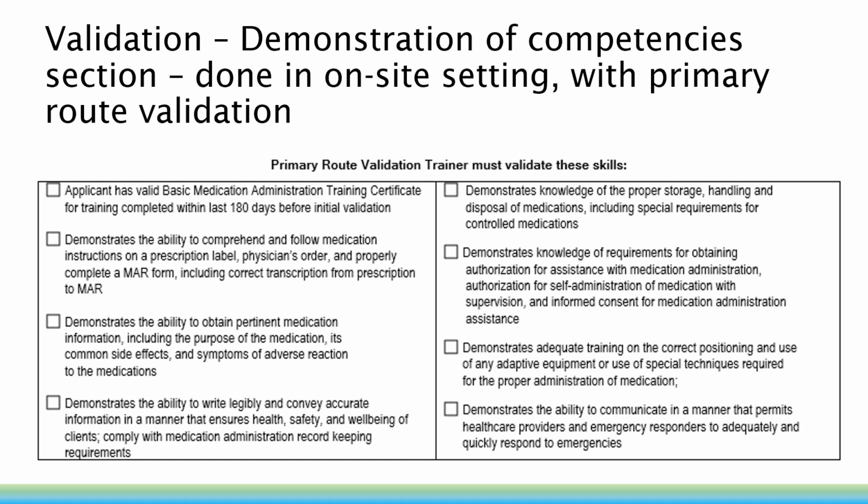Demonstrates the ability to comprehend and follow medicine instructions on a prescription label and a physician's order, and properly complete the MAR form, including transcription of prescription to MAR. Demonstrate the ability to obtain pertinent medicine information, including the purpose of the medicine, its common side effects, and symptoms of adverse reaction to medicines.